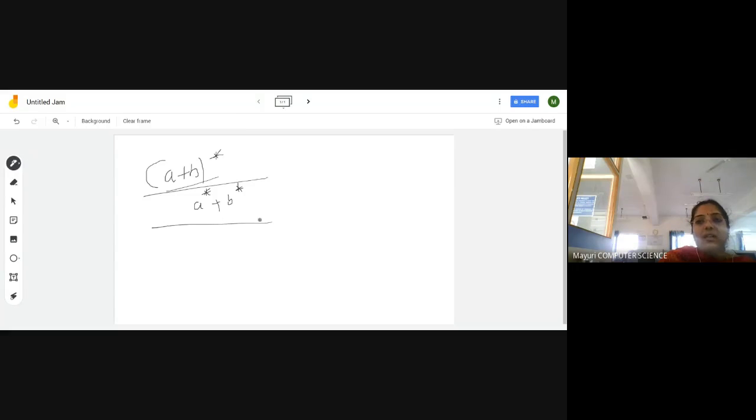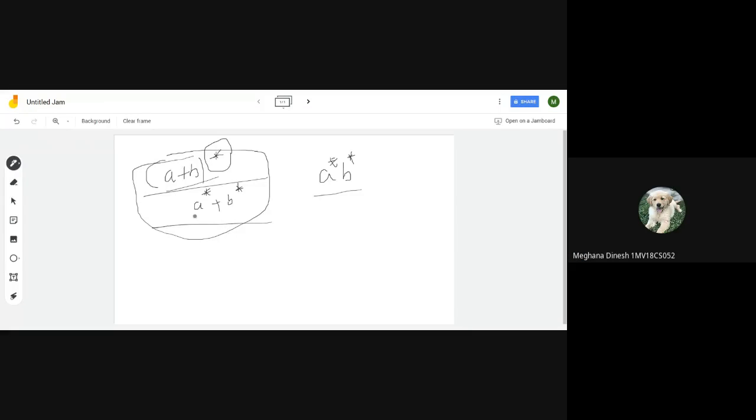You may get, see here, there is no constraint given that the number of A's has to be followed by the number of B's. A star, B star is different. Star is not a square to apply A square plus 2AB plus B square, right? It's just a star, which is applicable to the A or B. Okay, ma'am. Thank you.